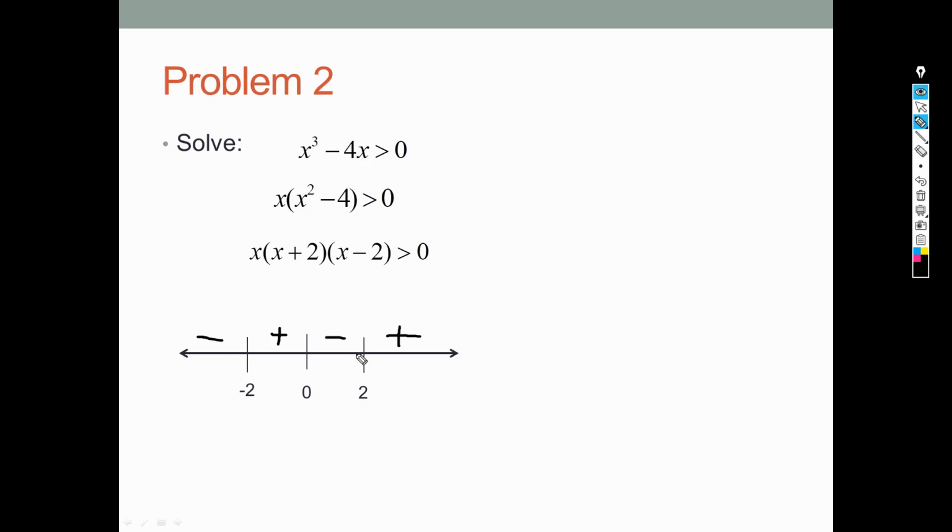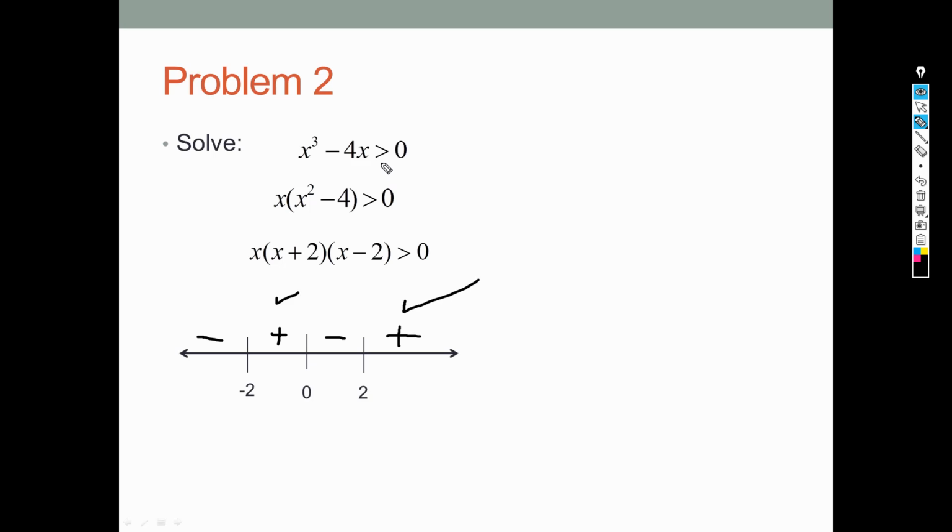You just simply look at the signs. What do we want? You look at the last inequality. Okay, we want this product to be greater than 0. That means positive. Okay, so you simply look at the intervals that have a positive. That would be this one and that one. Notice this does not have an equals.